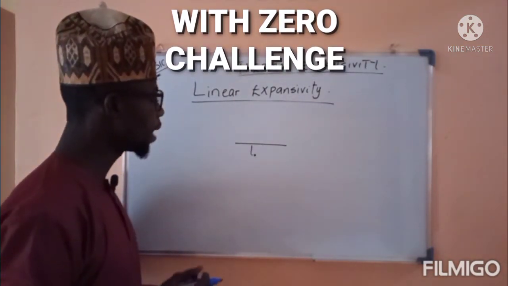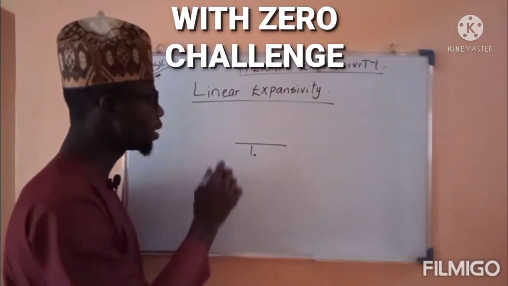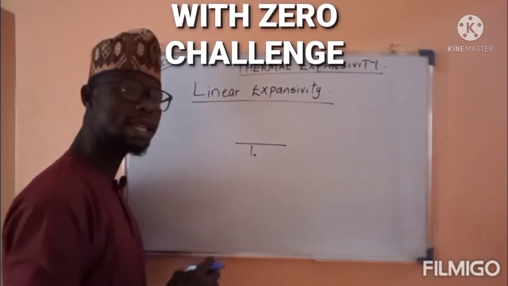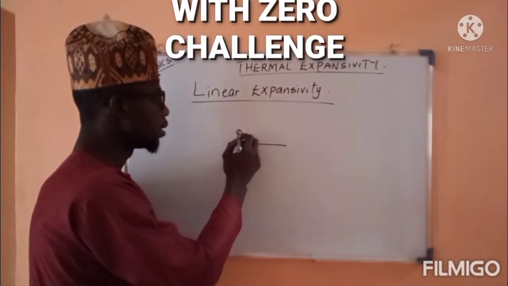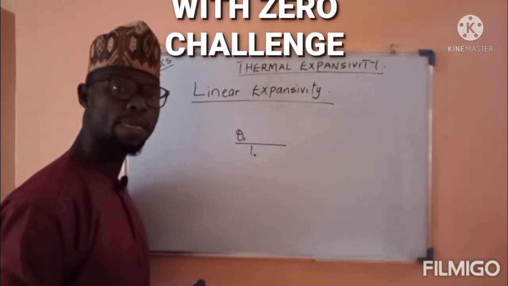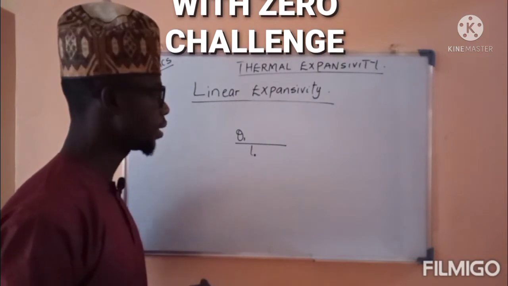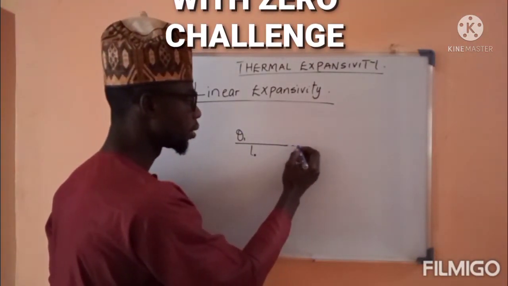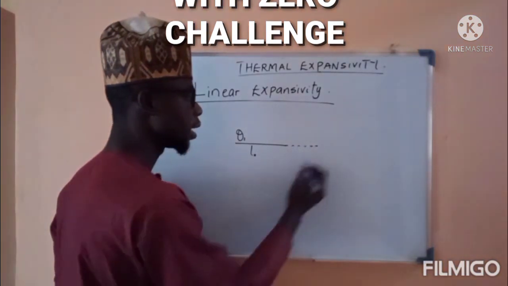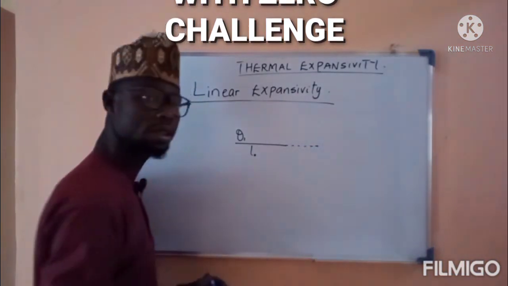Now, if I subject this to heat, let's say the temperature at this moment, when it has not been subjected to heat, is θ1. After subjecting it to heat, let's assume the length increases this much.